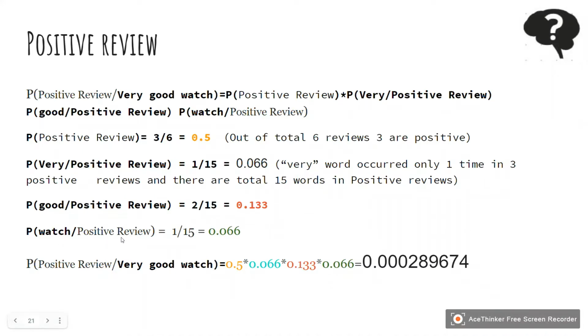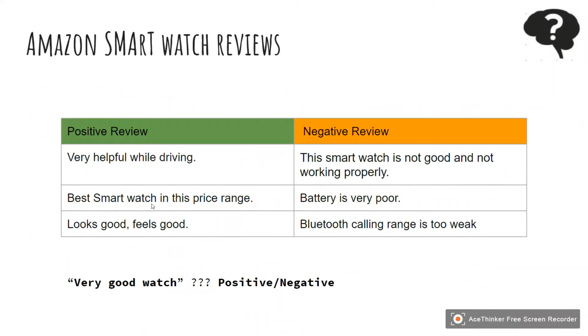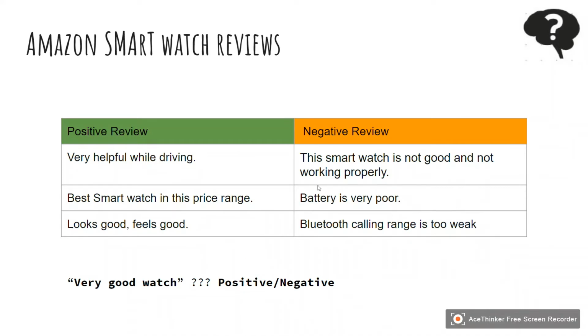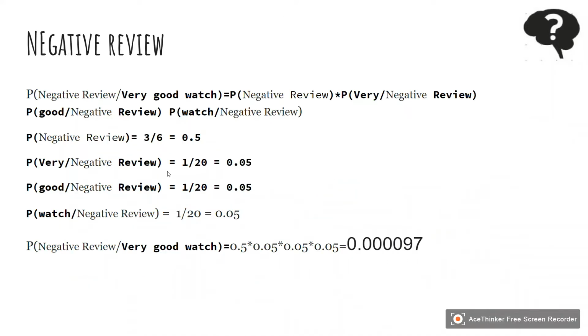Just count how many times "watch" occurs in the positive reviews. It occurs only one time, so it's 1 by 15, which is 0.066. Just plug in these values, and you will get a value of 0.00289674.